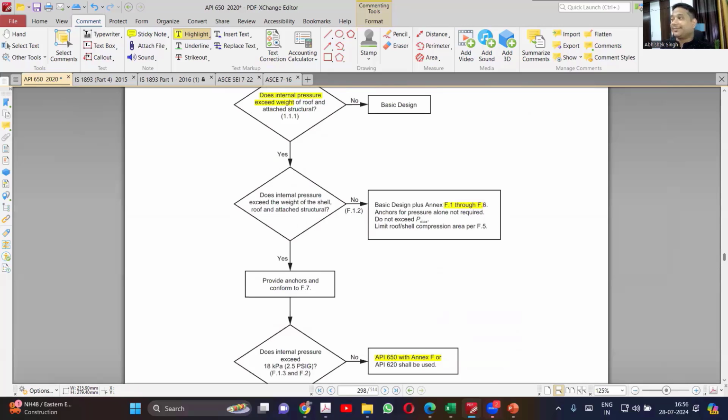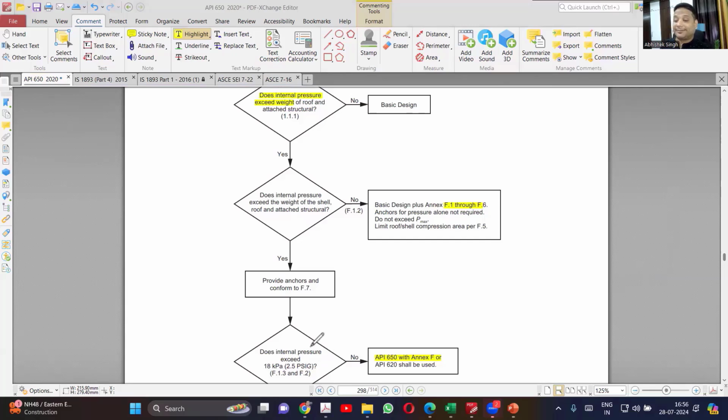So you have three different scenarios. One is if there is an internal pressure, but the pressure is lesser than the weight of the roof. In that case, basic design is sufficient. So you won't be doing anything additional. Now, if the pressure is exceeding the weight of the roof plus the weight of the shell also, in that case there will be some additional calculation as per Annexure F, which will be required.